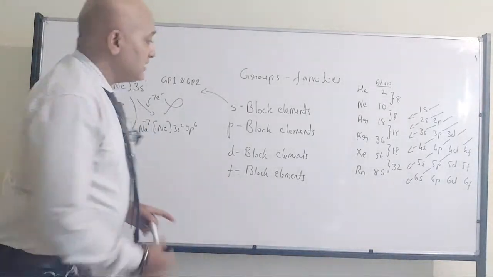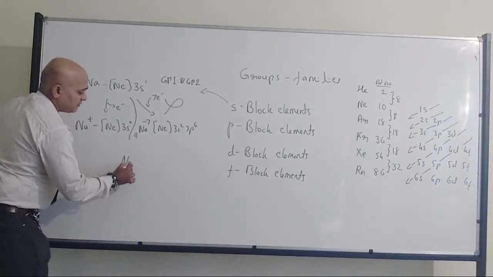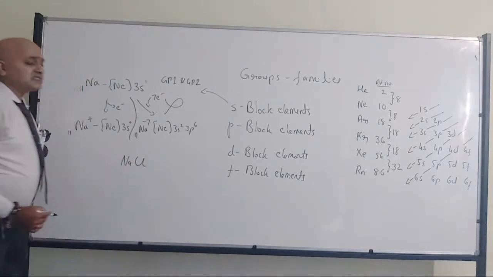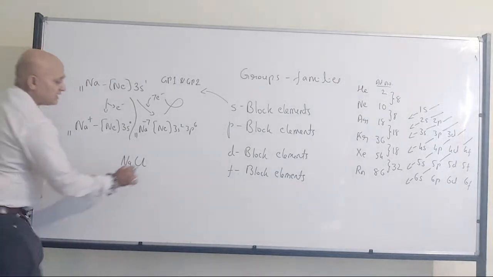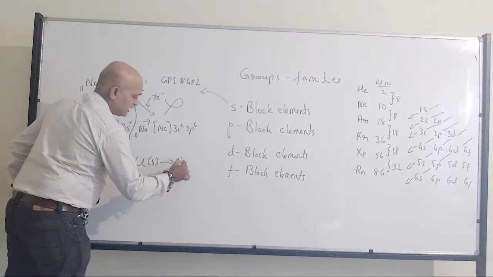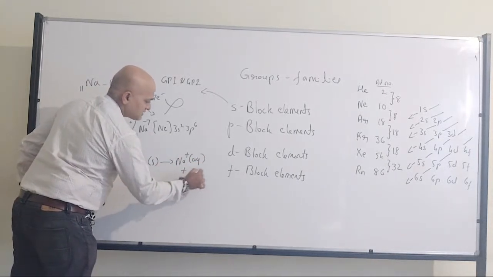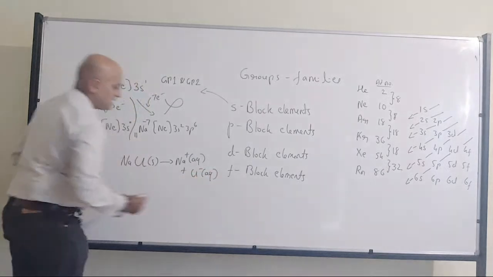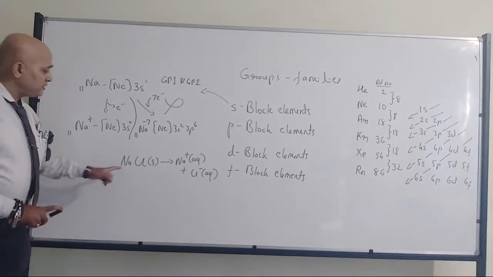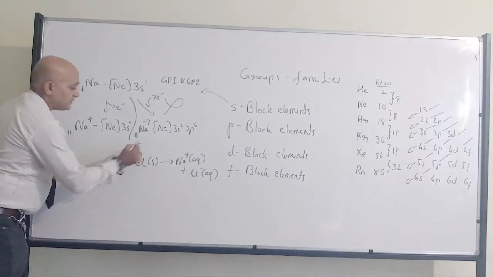So that's where we have in nature NaCl, where, when you dissolve sodium chloride into water, it will become Na plus and Cl minus. Right? So that's where sodium has donated 1 electron to chlorine.